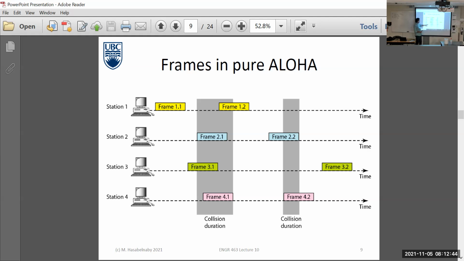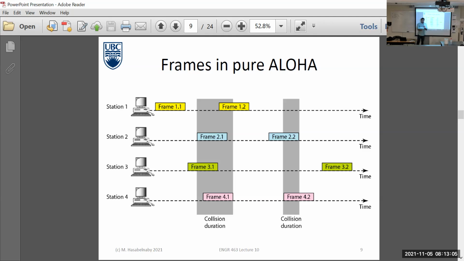As you can see here, this duration is the collision duration. So frame 1.1 will be received in a successful way. No collision. Correct or not? What about frames 1.2, 2.1, 3.1, 4.1? Collision.